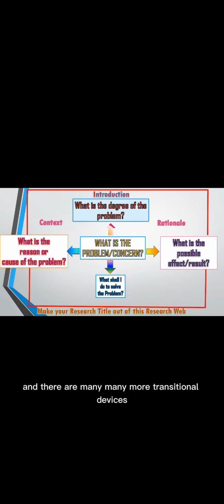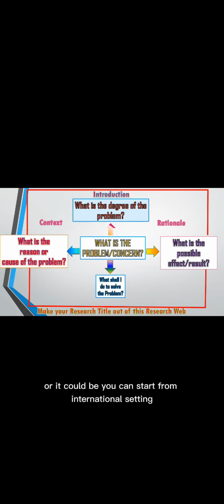How do we connect them? We need to apply our knowledge of transitional devices in English, such as in addition, moreover, nevertheless, in contrast, however, and there are many more transitional devices in English.